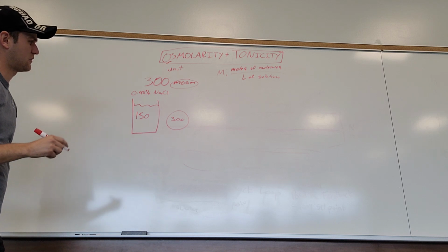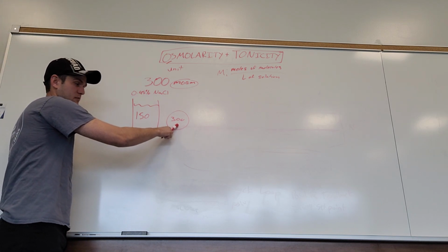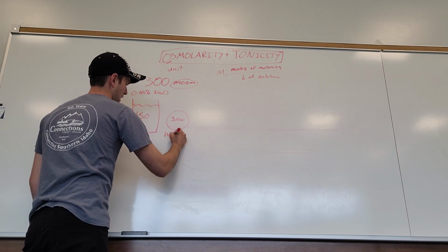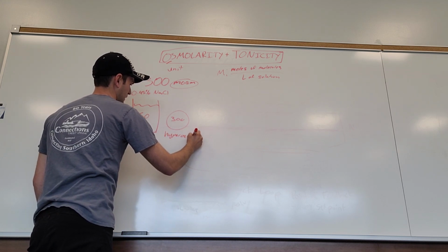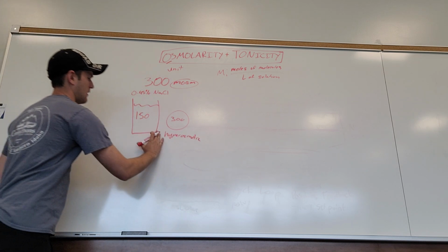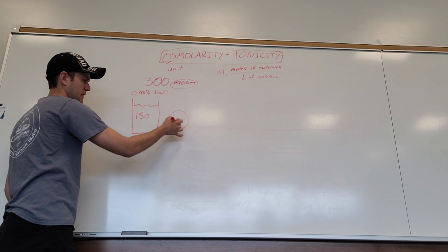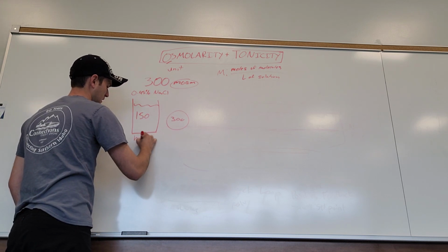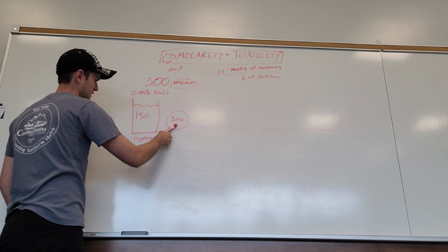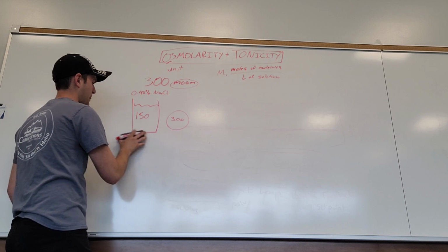So our cell, because it has a higher osmolarity, is going to be hyperosmotic compared to our solution. And then our solution, because it has less osmolarity than the cell, is going to be hypoosmotic compared to the cell. Okay? So that is our osmolarity.